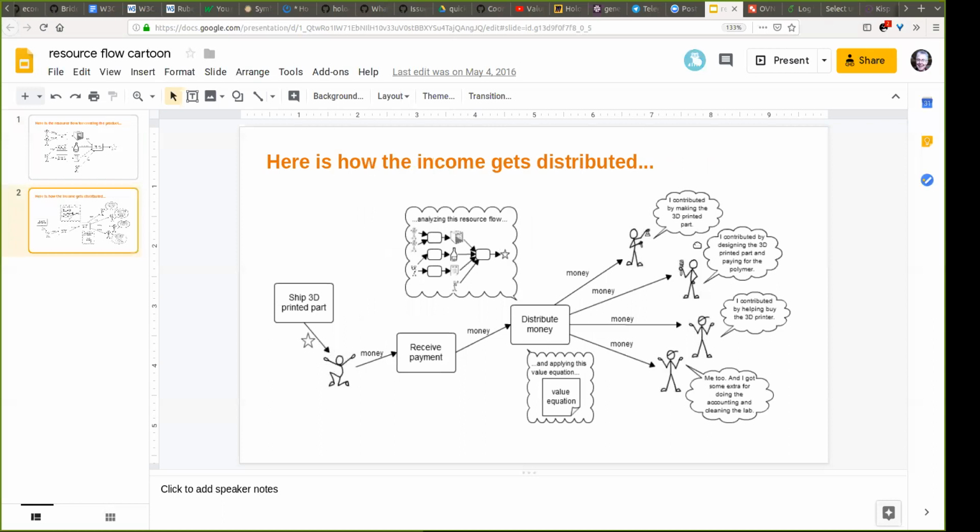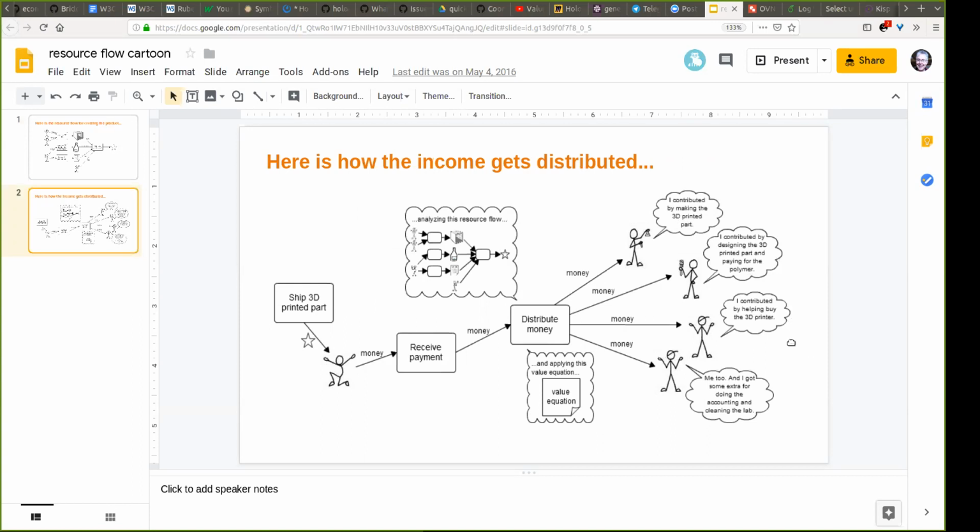And that's all shown here. Here's the guy who did the work, who gets some income because he made the part. Here's a guy who did the design and paid for the polymer, so he got paid back for the polymer and got paid something for the design.